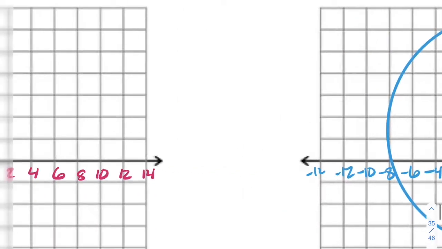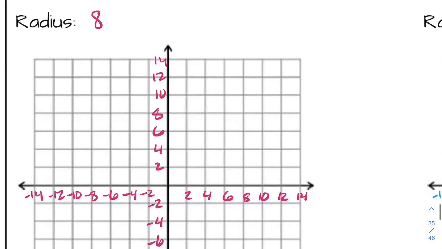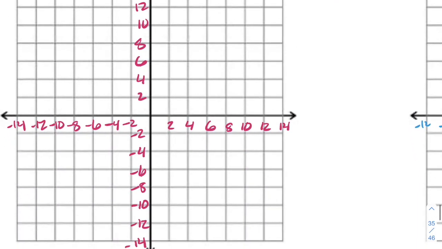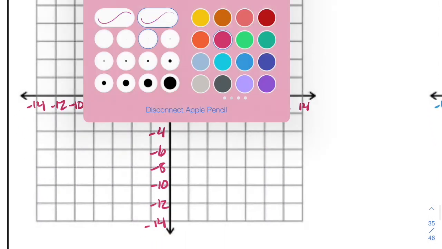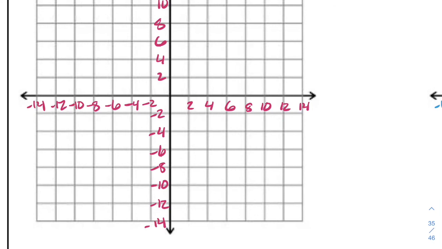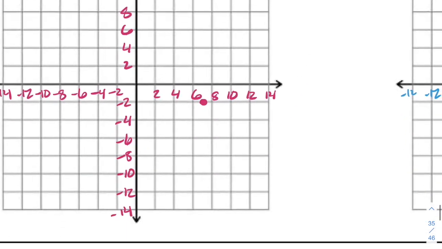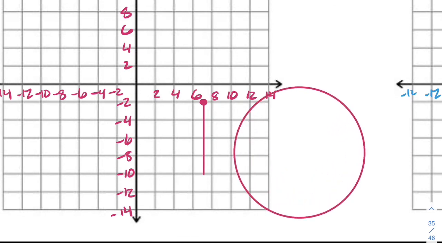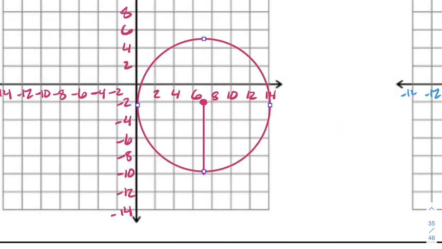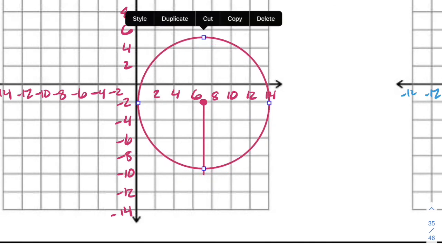All right. Now this one is (7, -2). (7, -2) is right there with a radius of 8. Now that one will work. So 2, 4, 6, 8, and then we have our circle.